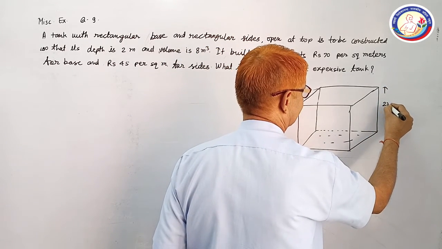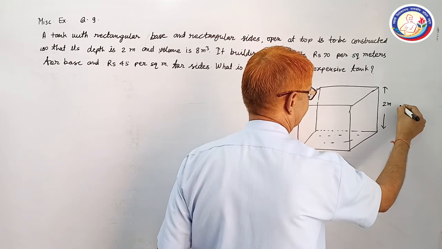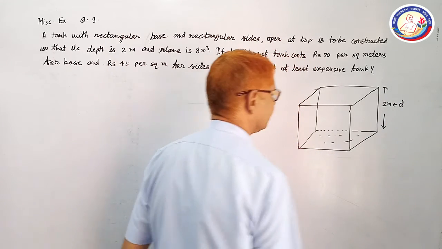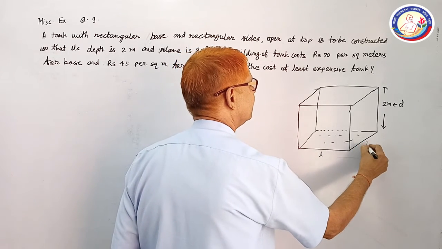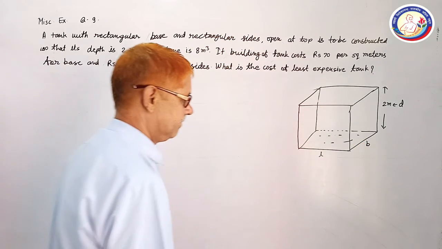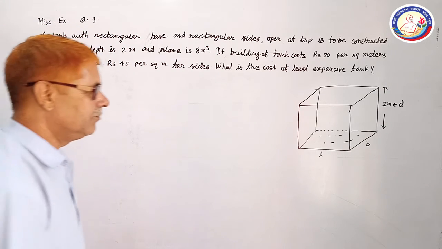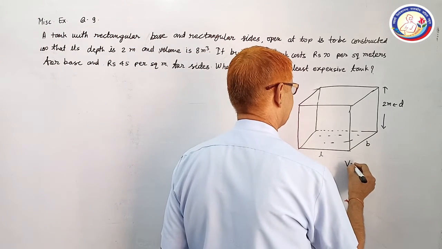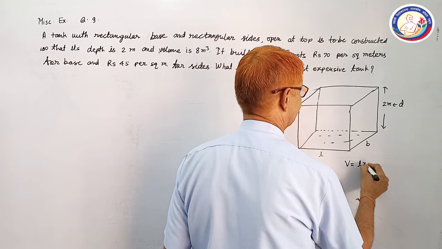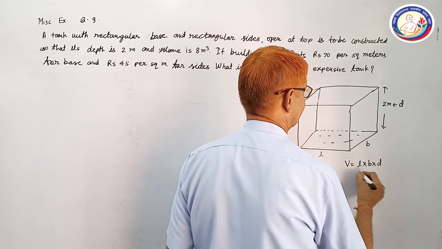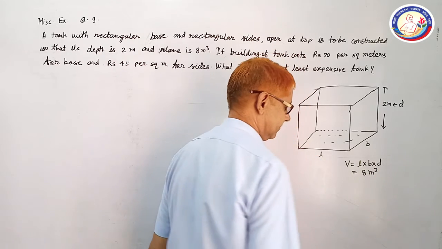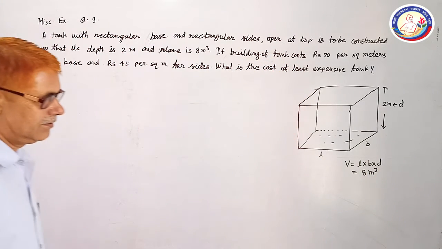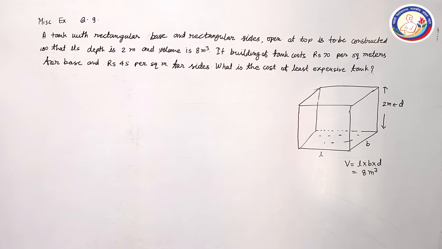Say this is 2 meter. Its length is L and breadth is B, say. Its volume is 8 cubic meters. We have to find the minimum cost to construct a tank.